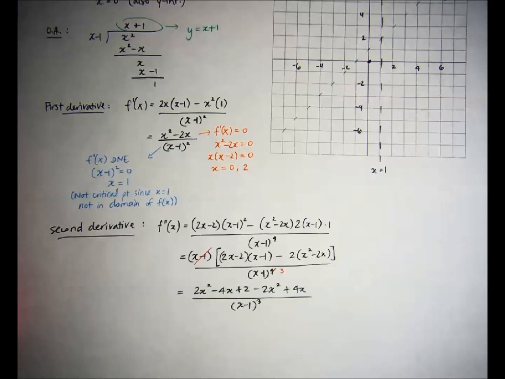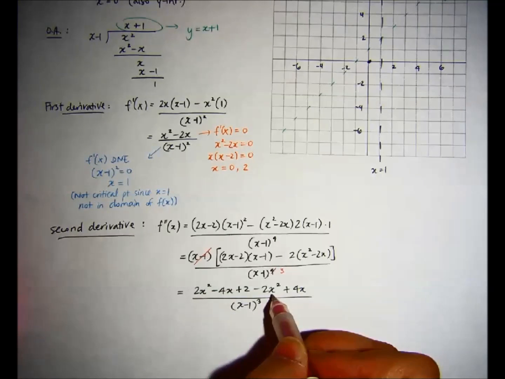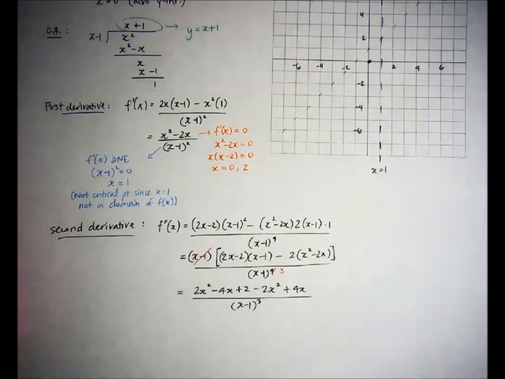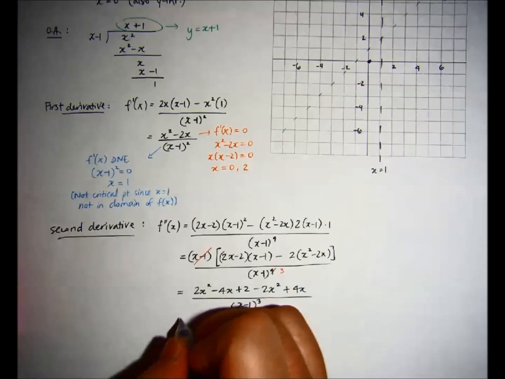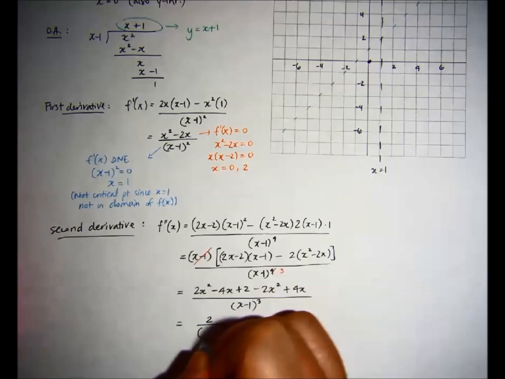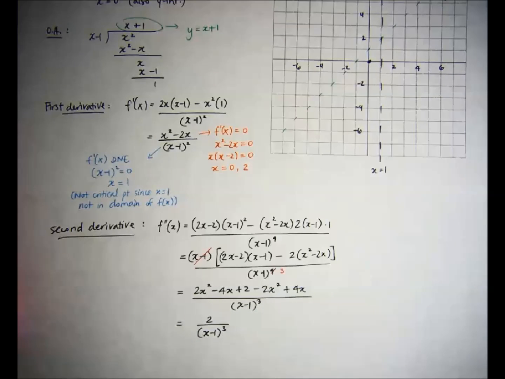Okay, and I can see that these terms, 2x squared minus 2x squared, negative 4x plus 4x, they're all gone. So really, the only thing that I'm left with is 2 over x minus 1 cubed.